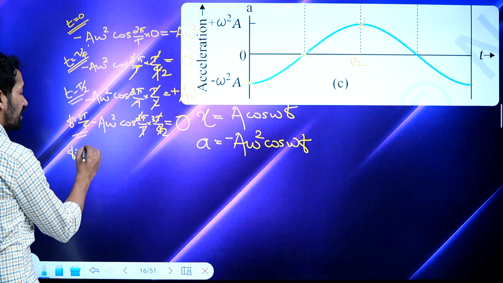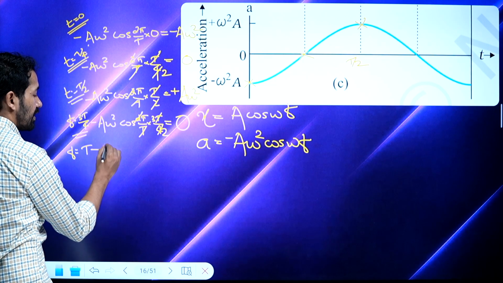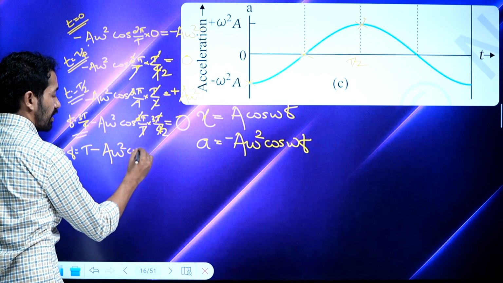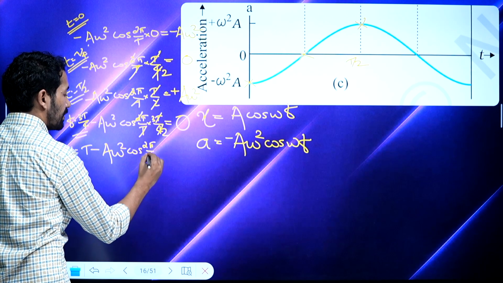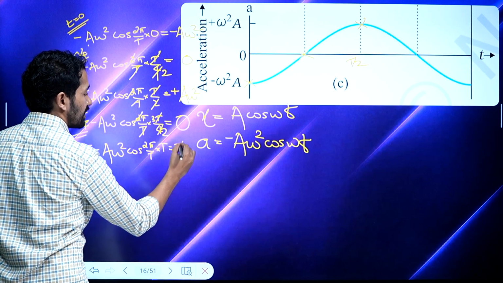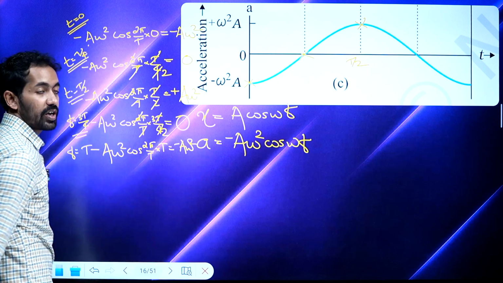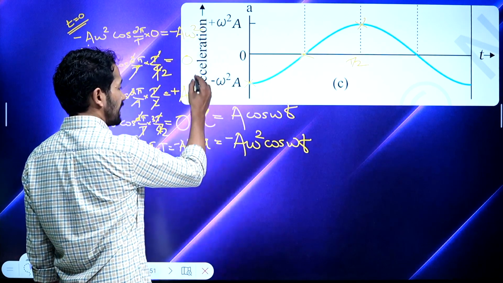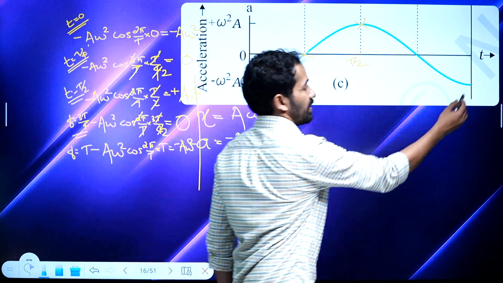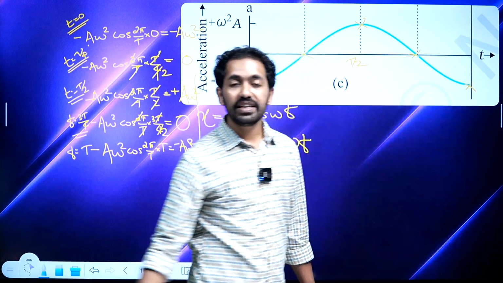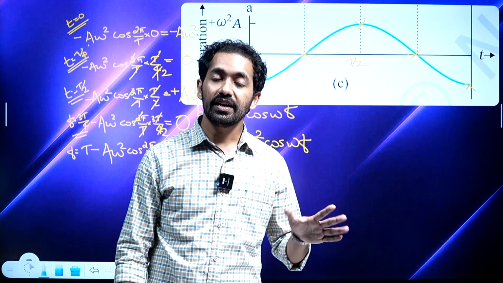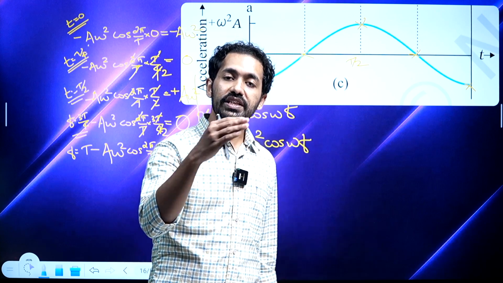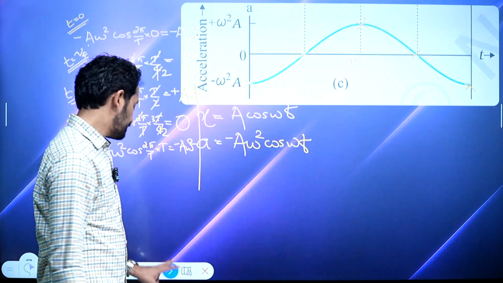Now the last one, after one time period, minus a omega square cos 2 pi by capital T into T, and your answer is minus a omega square because cos 2 pi is plus 1. So the acceleration is minus a omega square. Now this will be the acceleration time graph for a particle which had started from positive extreme position, right?